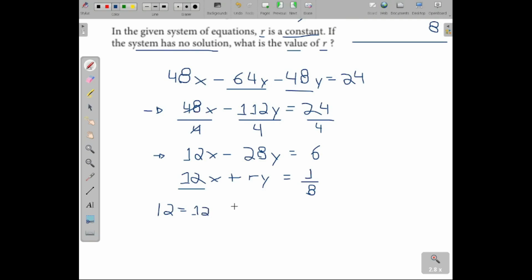That's true. So for y, the coefficients have to be the same. So r has to be equal to negative 28. This is the answer. r is equal to negative 28.